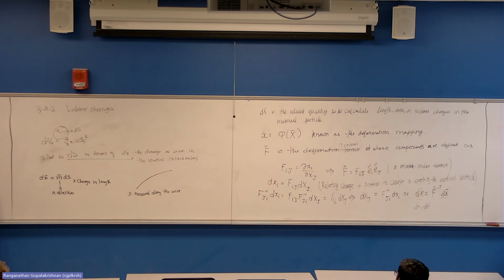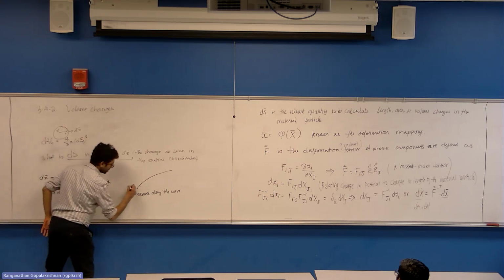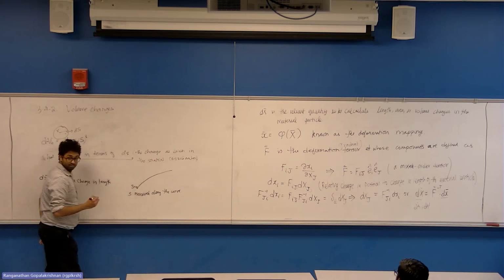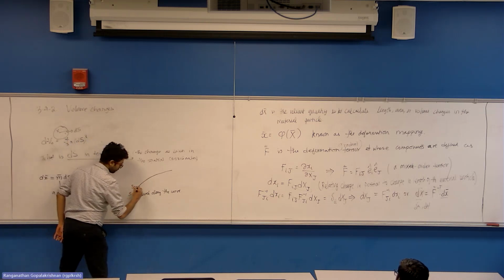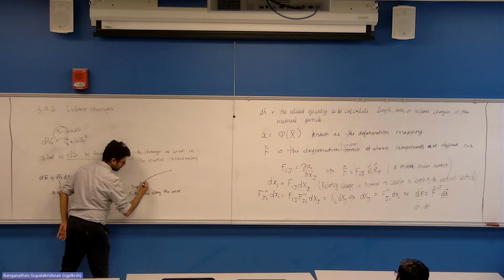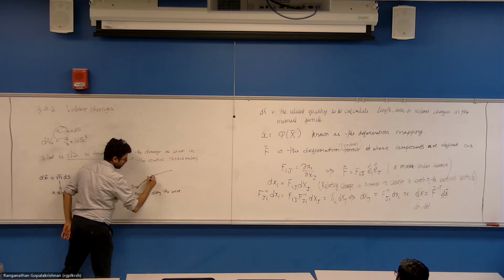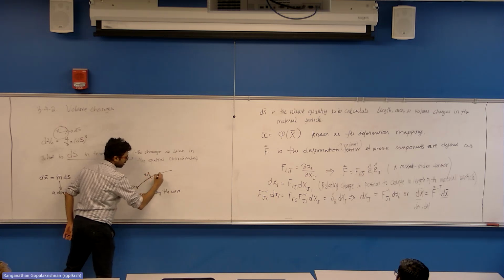If a coordinate is measured along the curve. This starting point is s equal to 0. Any other point, if you just walk along this thread, you can say this is L, s equal to L1 or s equal to L2 and so on.